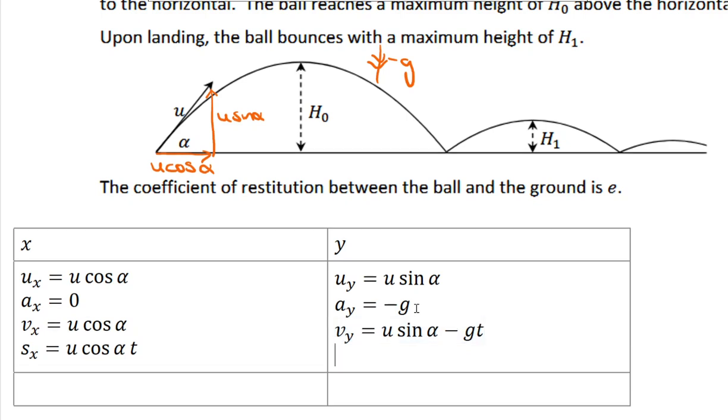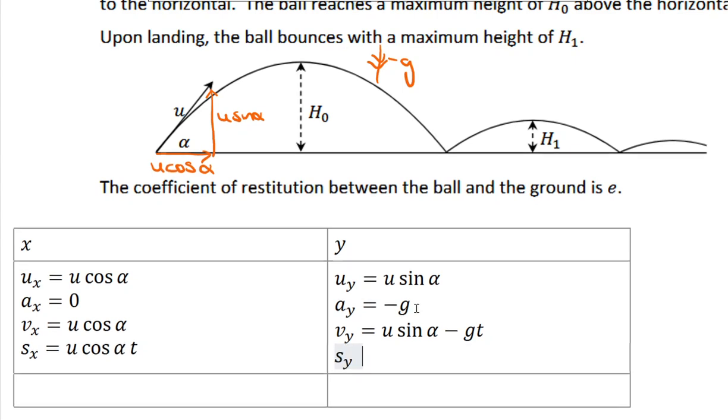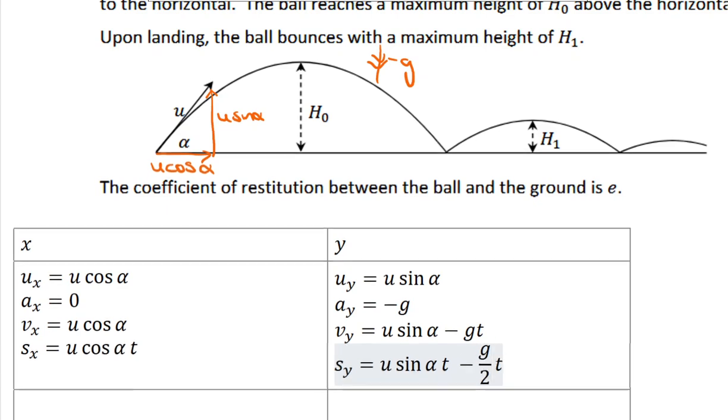So that's our velocity at any moment. And then we have sy, and that's u sine alpha t minus, and this is where it's minus g over 2 t squared, so a half at squared.